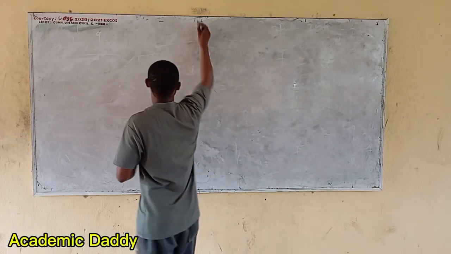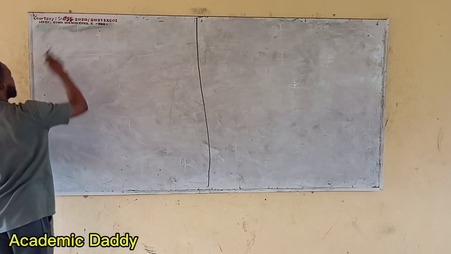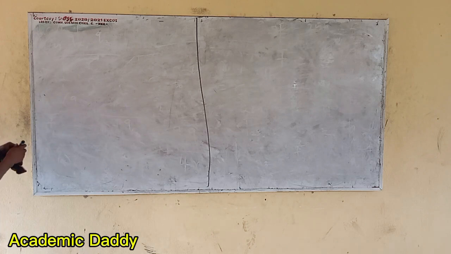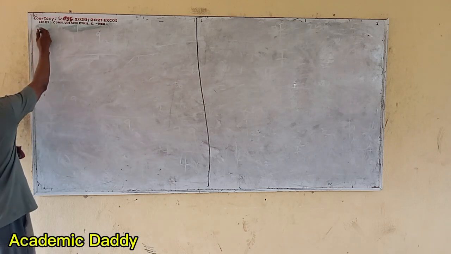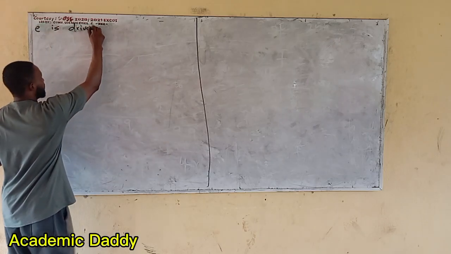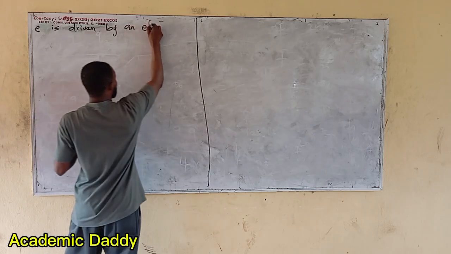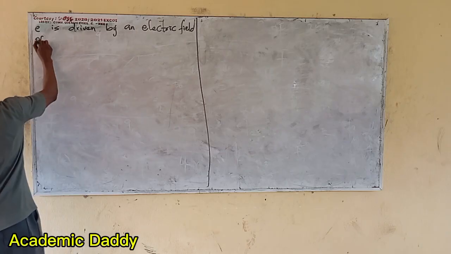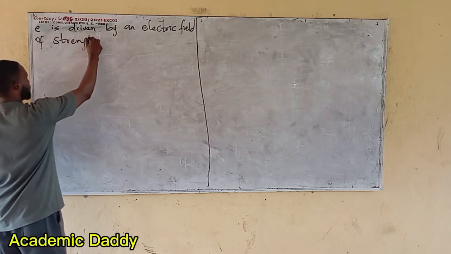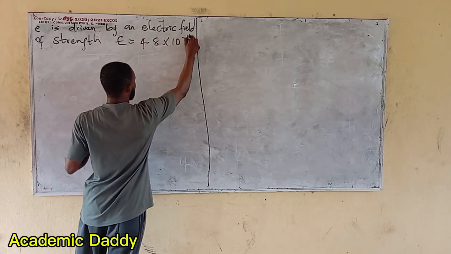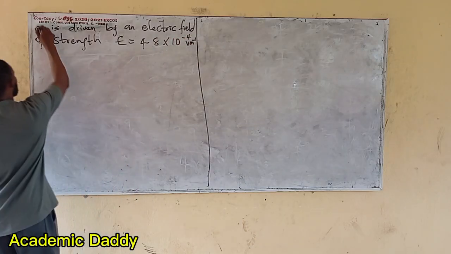Let me just write what I need out from the question. Read from the first part: electric field given. An electron is driven by an electric field of strength E equals 4.8 times 10 minus 4 V/m.